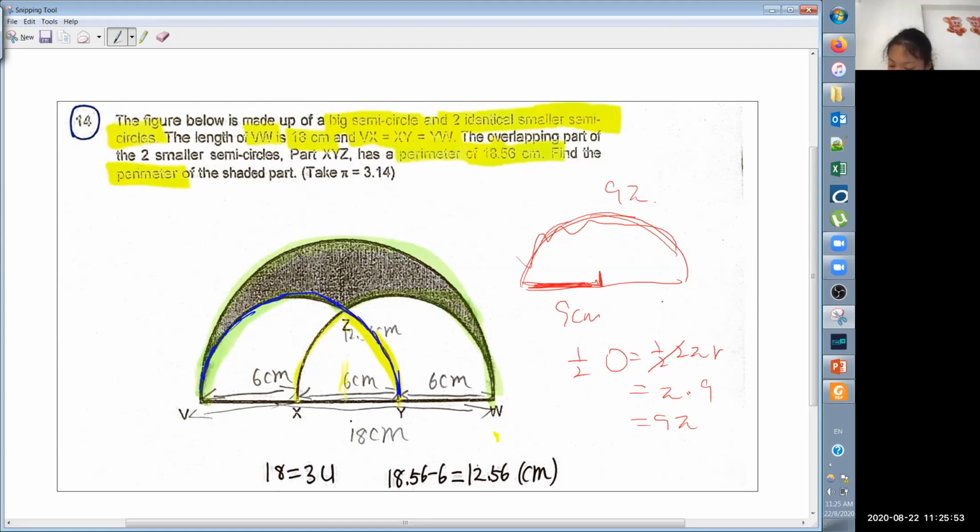Then basically you just take this 18.56 and divide by 2. What do you get if you divide by 2?